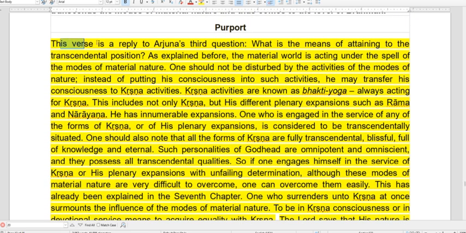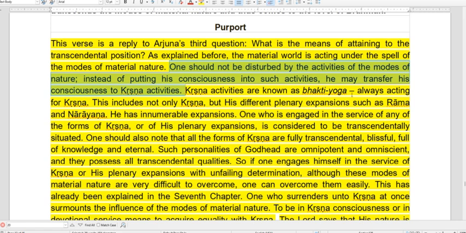This verse is the reply to Arjuna's third question, what it means to be attaining the transcendent position. As explained before, the material world is acting under the spell of the modes of material nature. One should not be disturbed by the activities of the modes of nature. Instead of putting his consciousness in such activity, he may transfer his consciousness to Krishna activities.